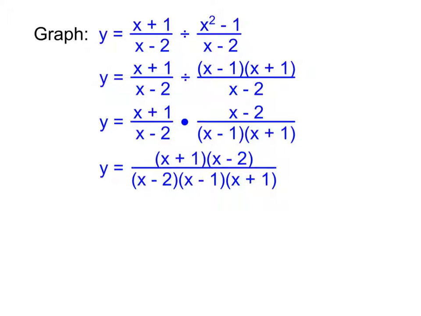And now that it's a single fraction, I can look and see what can I cancel out from both top and bottom, because everything's factored. So if there's a factor in the top and a factor in the bottom, I can cancel them out with each other. So the x plus 1, yes, there is one of those that I can cancel out of both top and bottom. The x minus 2, yes, I can cancel one of those out of both top and bottom. Notice what that leaves me with.